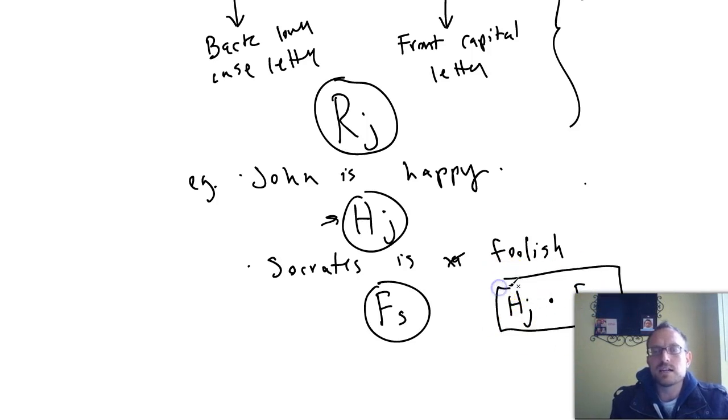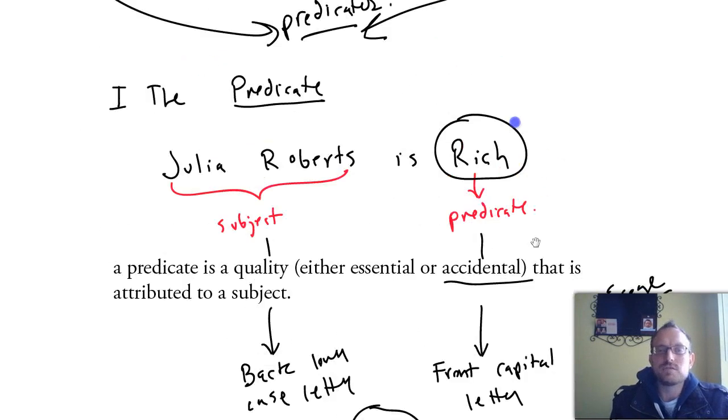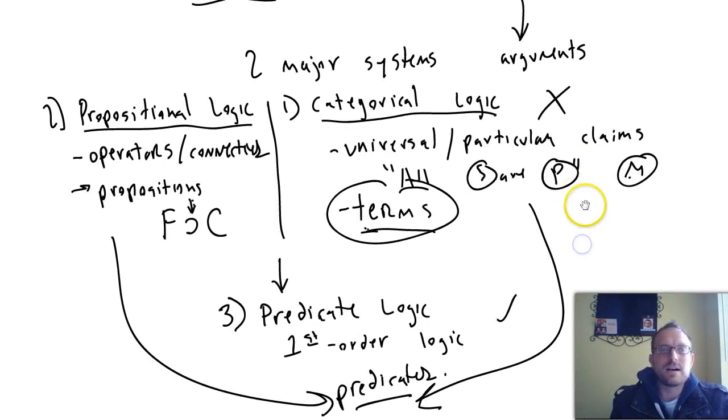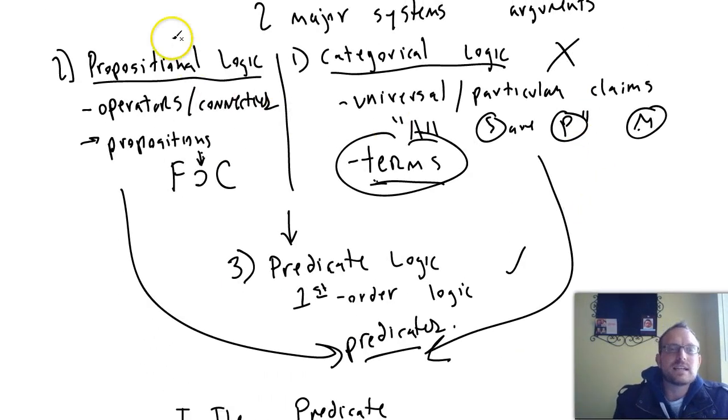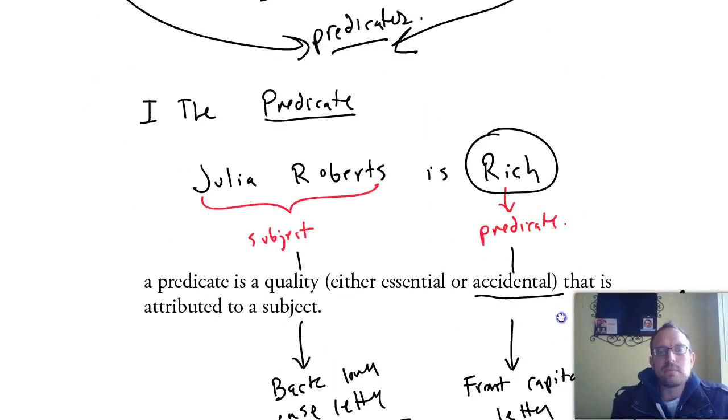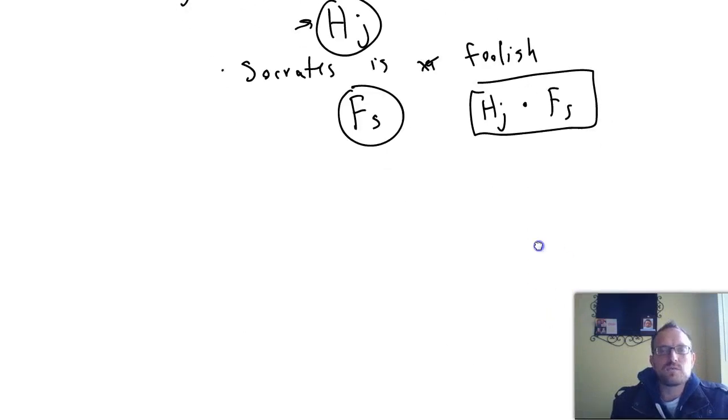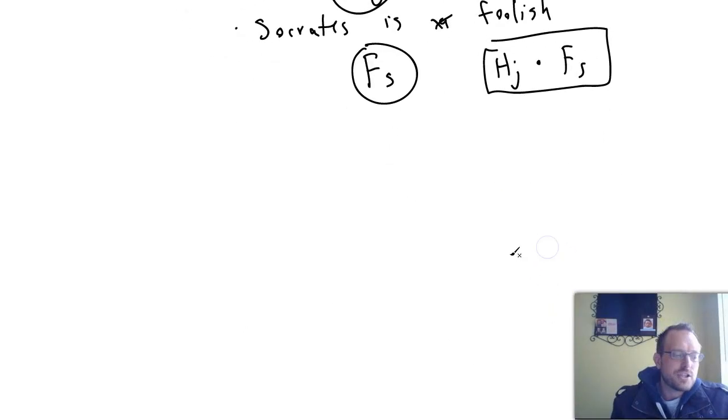When I said earlier that the thing that's wonderful about predicate logic is that it combines the best elements of propositional logic with the best elements of categorical logic, we'll come to the elements of categorical logic yet. We haven't gotten to those yet. We're just looking at propositional logic right now. But that means that all of these basic connectives we've been looking at still apply. So we can create what are going to be called compound propositions, of course.